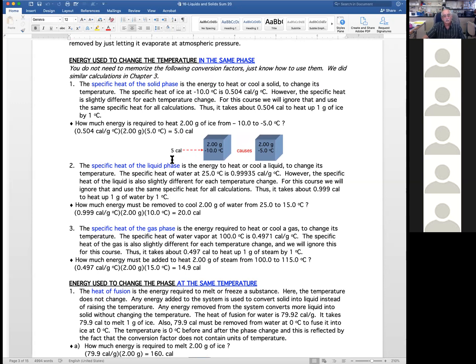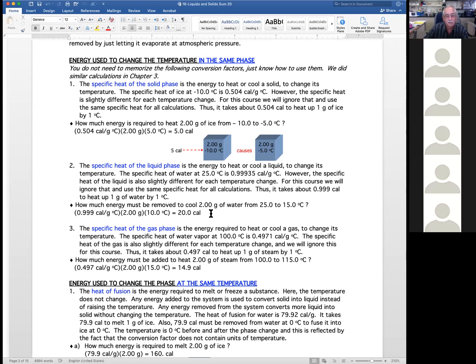We did these calculations, specific heat of the liquid, before. Does that look familiar to you? How much energy must be removed to cool 2 grams of water from 25 to 15 degrees? So there's our conversion factor. We need to get rid of grams, get rid of the temperature change, and we got the number of calories.